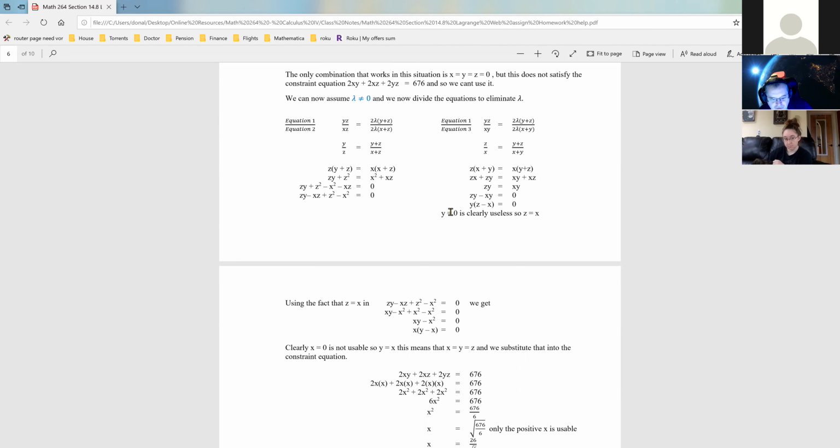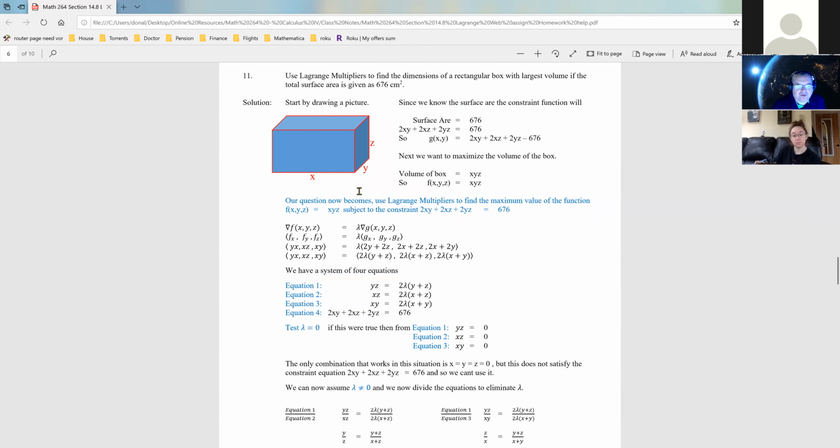Why is y equals 0 not even worth looking at in this story? If it was 0, wouldn't this side here be 0 units long?